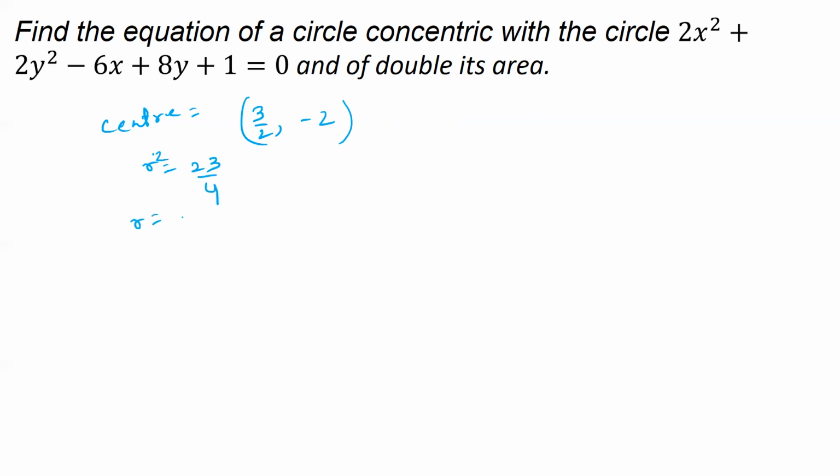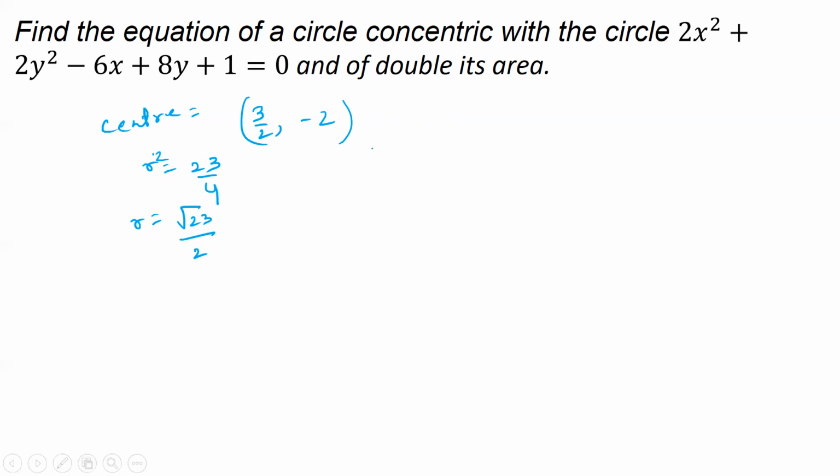So my radius is root over 23 by 4. If I square root the numerator and denominator, the numerator is root 23 and the denominator root over 4 is just 2. So I can split the square roots and write it as root 23 by 2. So I've got the center, I've got the radius.